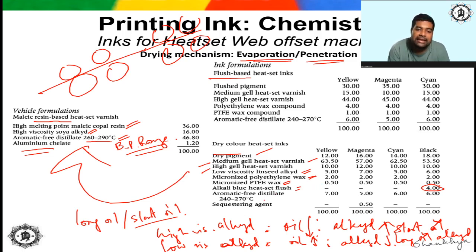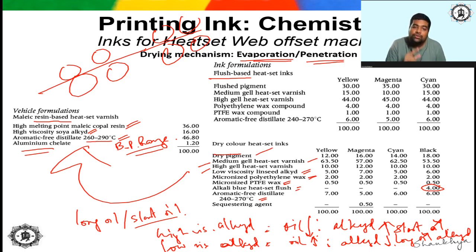Okay. And then again we have another aromatic free distillate with a temperature of 240 to 270 degrees Celsius. So consider this, that the boiling range of this distillate is lower. That means, when you are applying some heat onto your roll, if that heat is so high, then there is a chance to burn off the surface of the substrate.